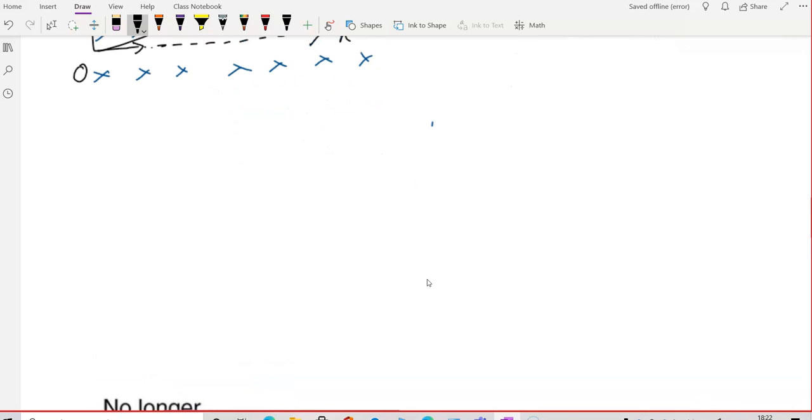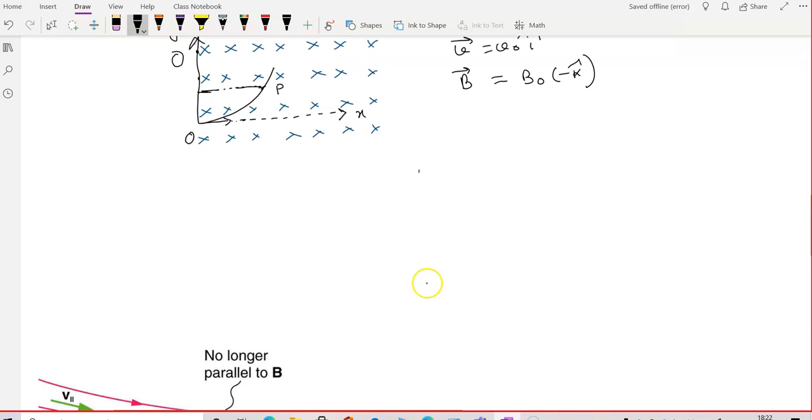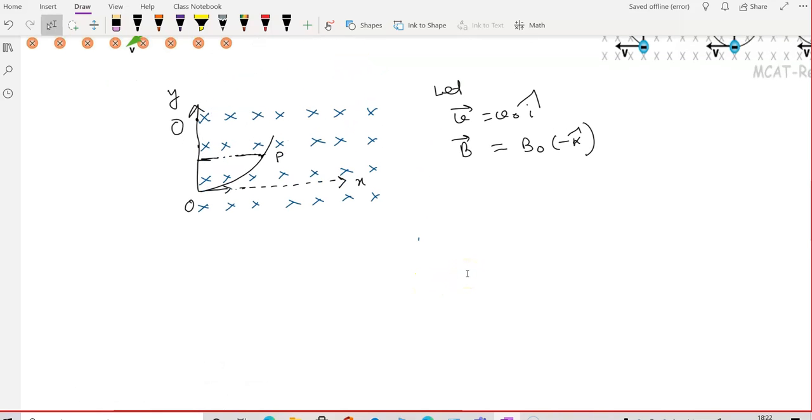How much sideways deflection will be there, that we are interested to find here. If V is equal to V0 i, obviously the particle is released so that it has initial velocity along x-axis. Along x-axis it's moving with velocity V0 and the magnetic field strength is B0. Then the question is how much distance it will travel along x-axis and along y-axis.